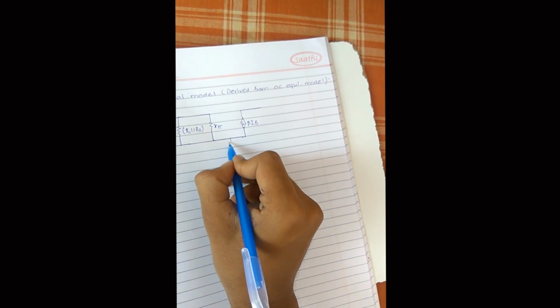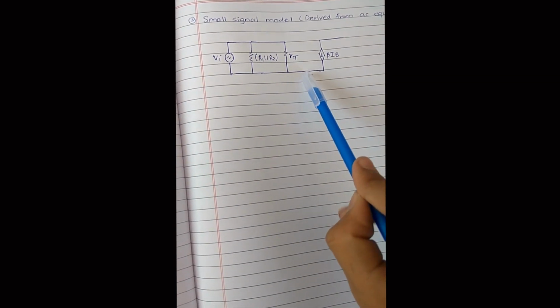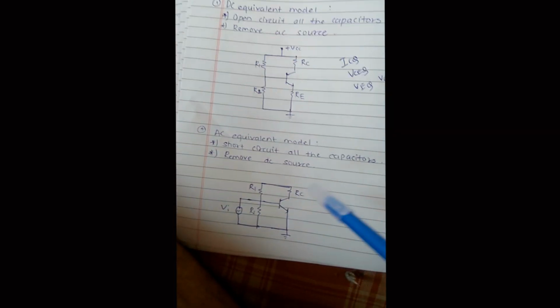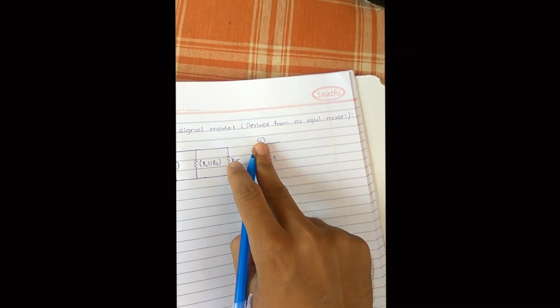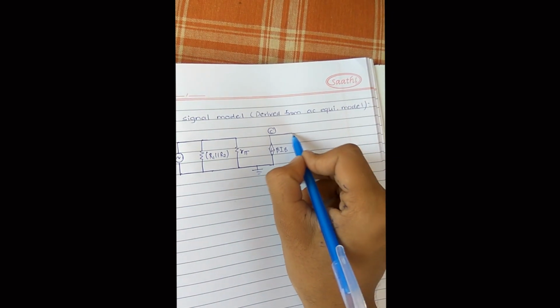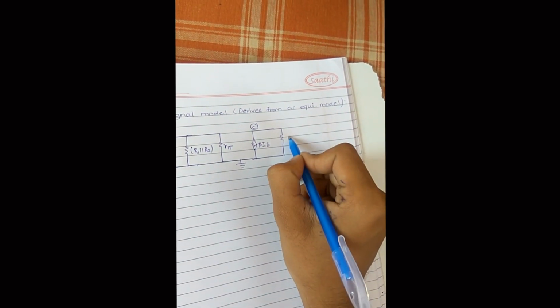It is connected to ground. Now after the transistor, RE is short circuited, so there is no RE here. Now RC: we have to show RC here at the collector junction. At the collector junction there exists RC. So here is RC.